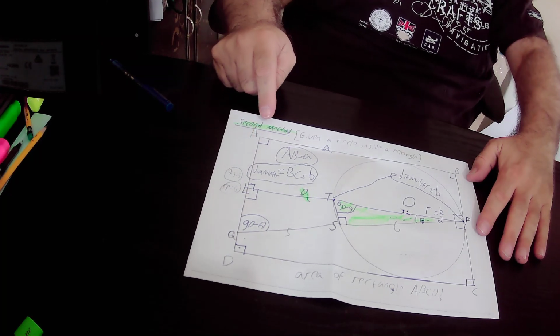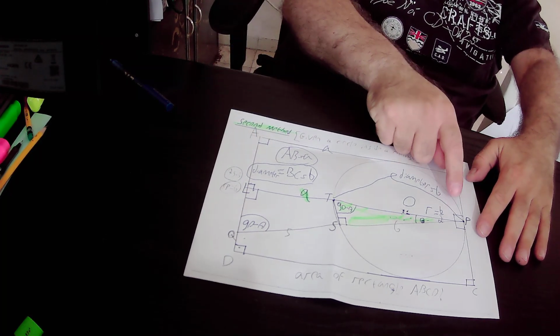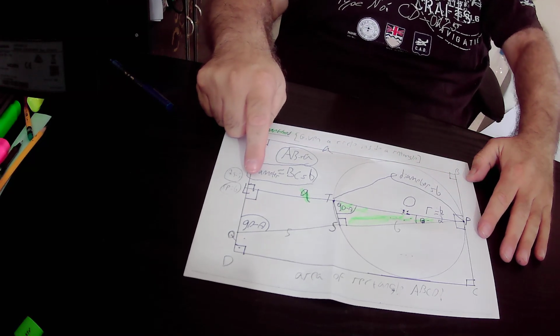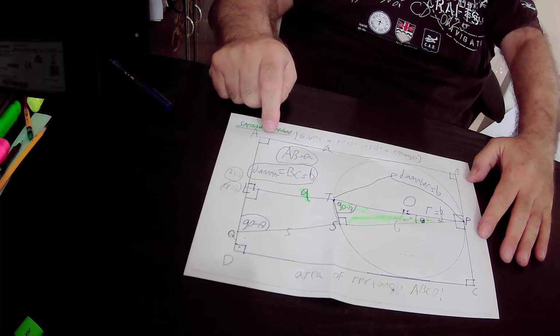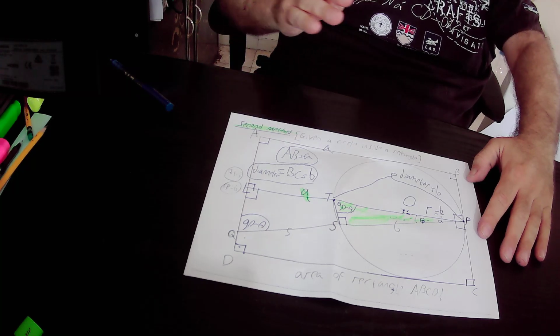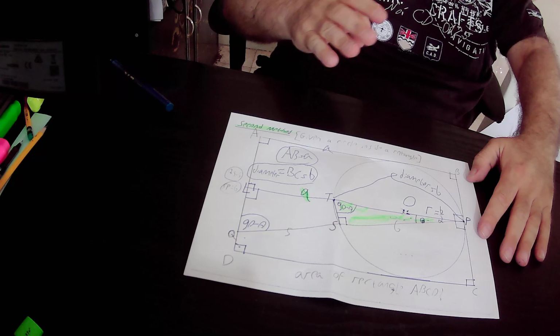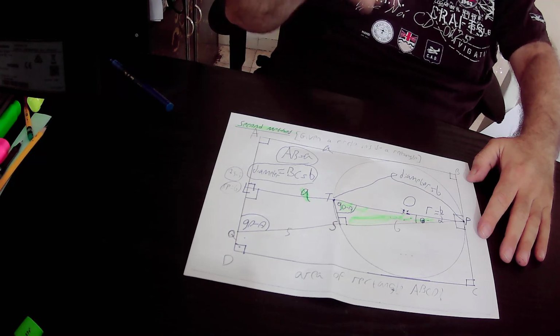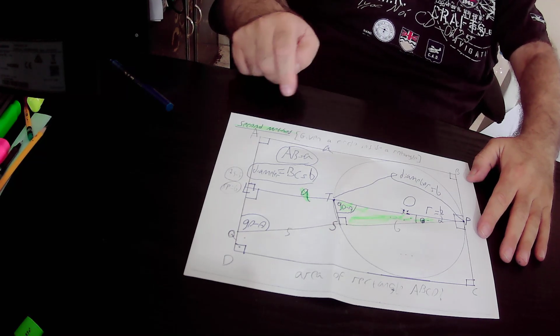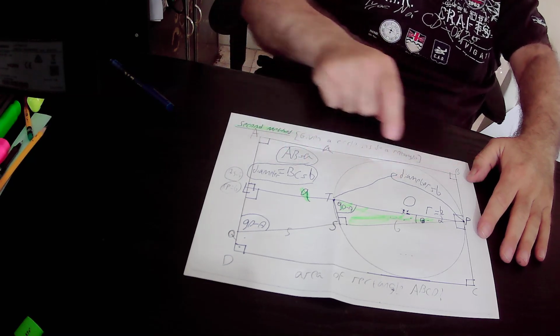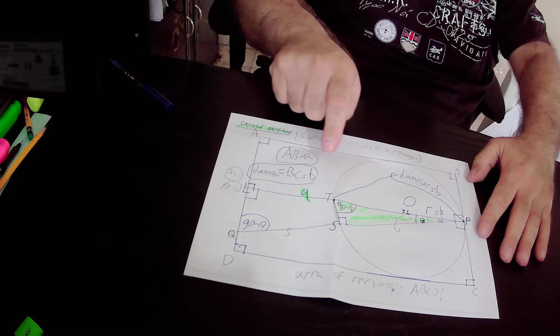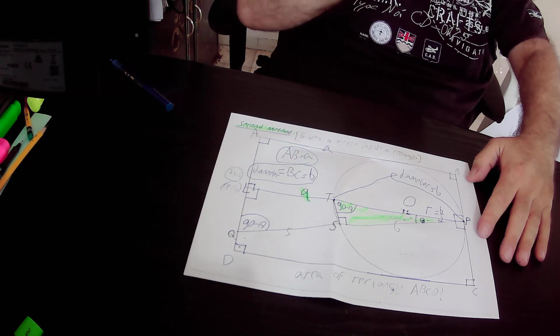Inside quadrilateral ABPL we have 1, 2, 3 right angles, therefore the fourth angle must also be equal to 90 degrees. So inside quadrilateral ABPL, we have 4 right angles, therefore quadrilateral ABPL is a rectangle. We know that the opposite sides of a rectangle are equal to each other. That is to say, AB equals PL. But AB equals A, therefore PL is also equal to A.